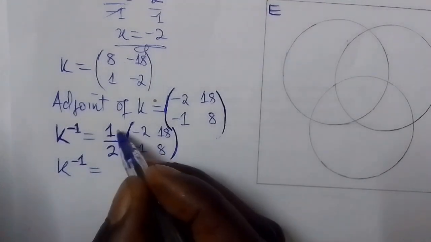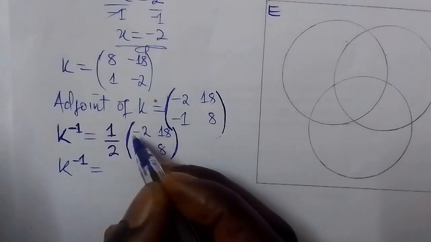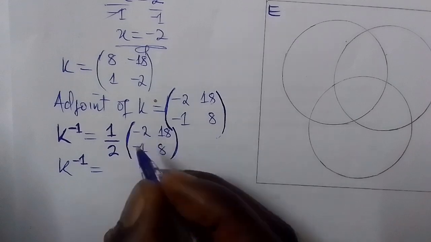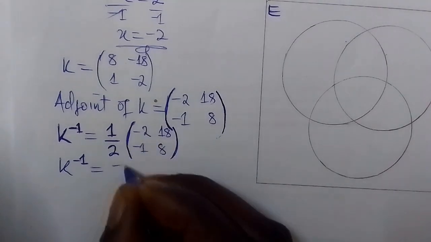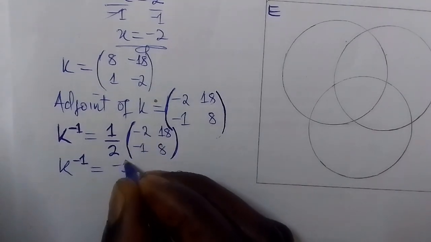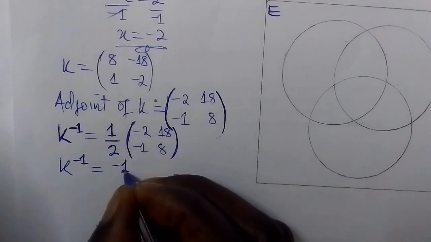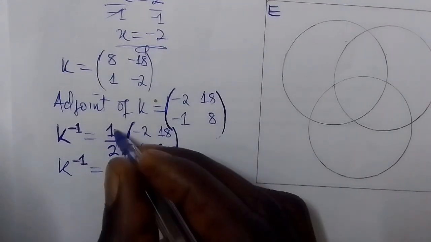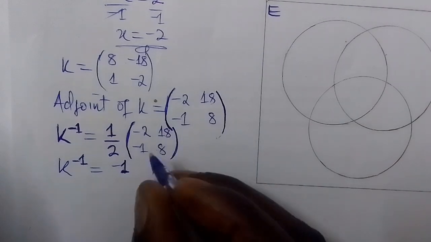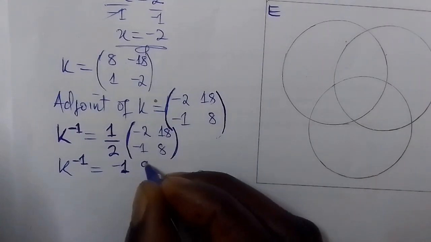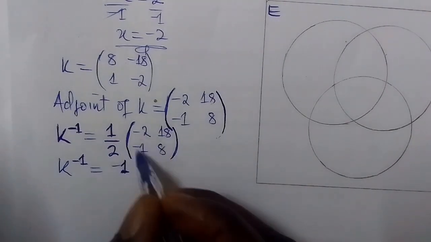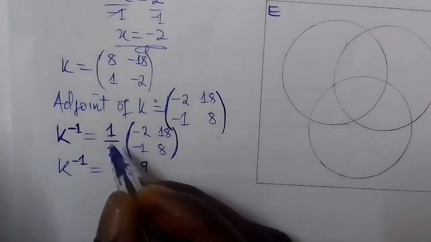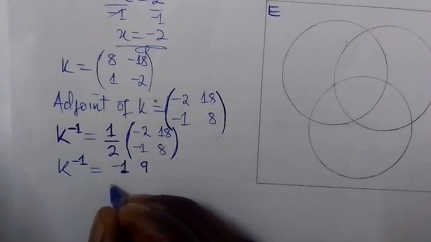If you multiply 1 over 2 times negative 2, half of negative 2 is just negative 1. So here we get negative 1. Then half of 18 is just 9, so we get 9 here. Half of negative 1 is negative 0.5.